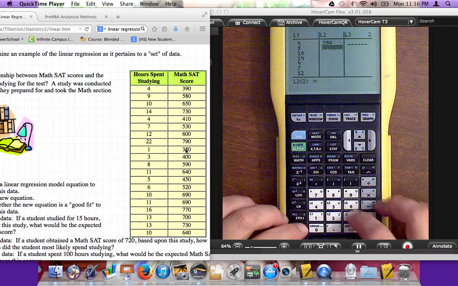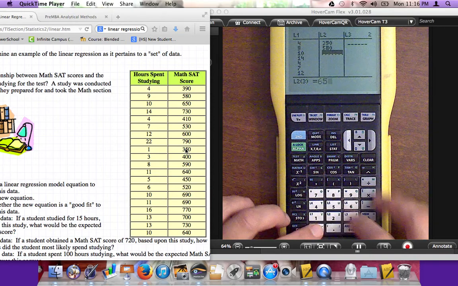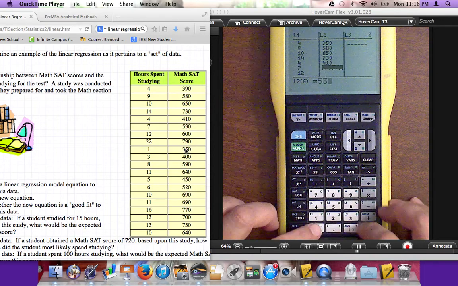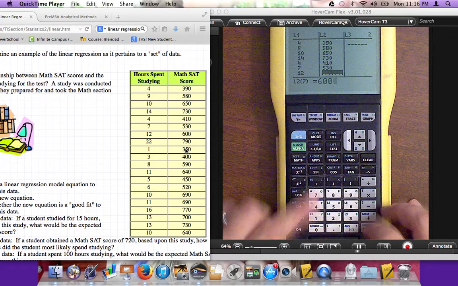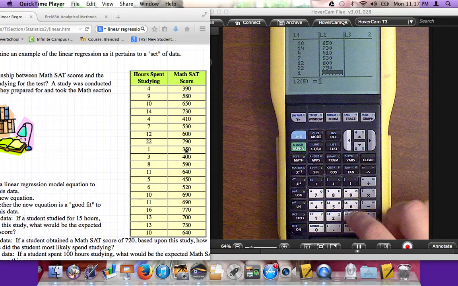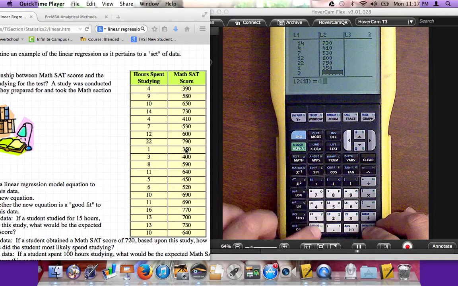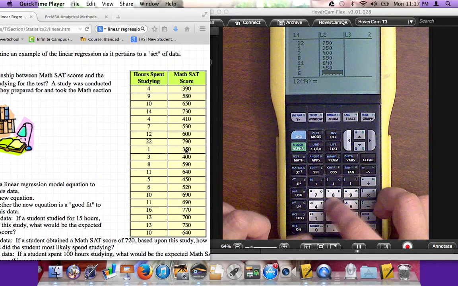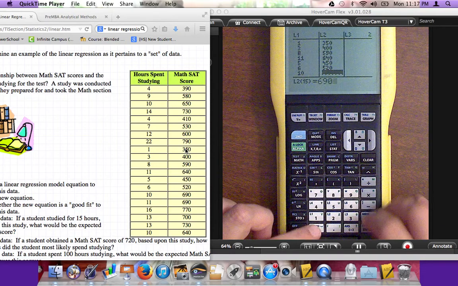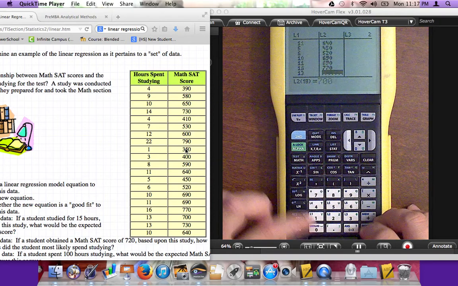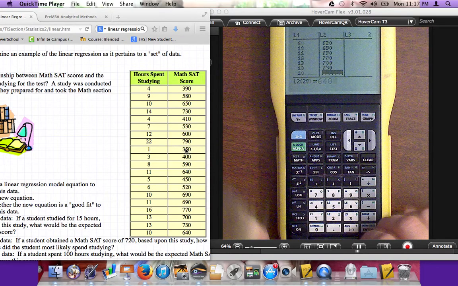You want to be careful and make sure that you don't miss any numbers anywhere. Oops, I typed a 1, meant to type a 350. Okay, so I've got my 20 numbers in list 1, my 20 numbers in list 2.